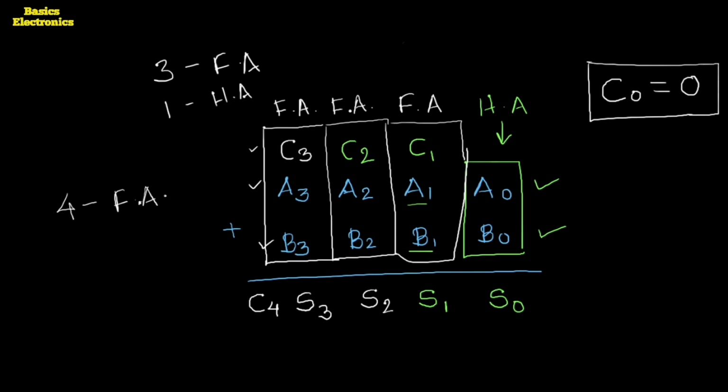We can construct this 4-bit binary adder by using either three full adders and one half adder, or only full adders, but we require one full adder for one column addition, meaning four full adders.